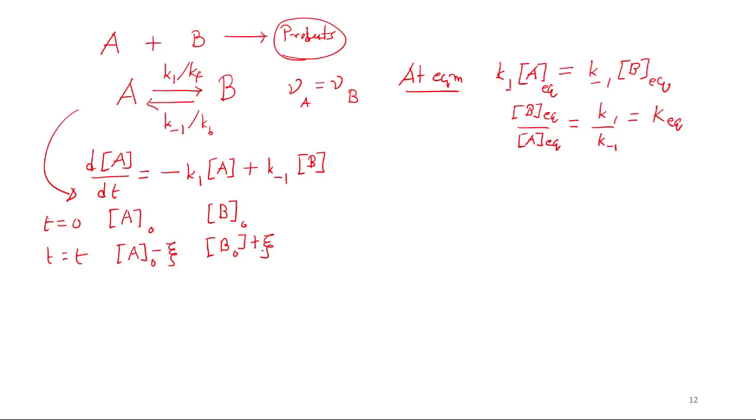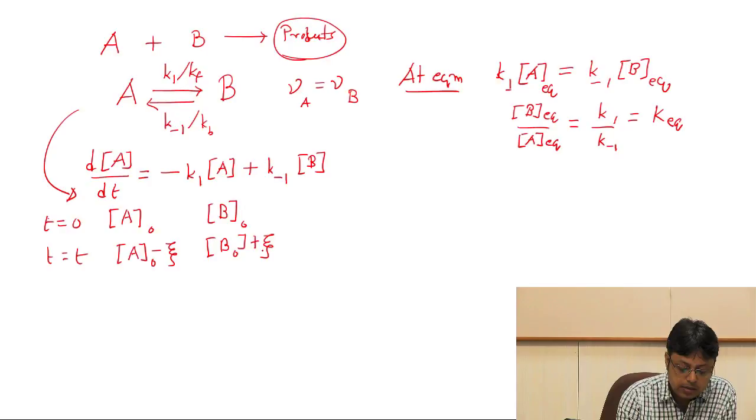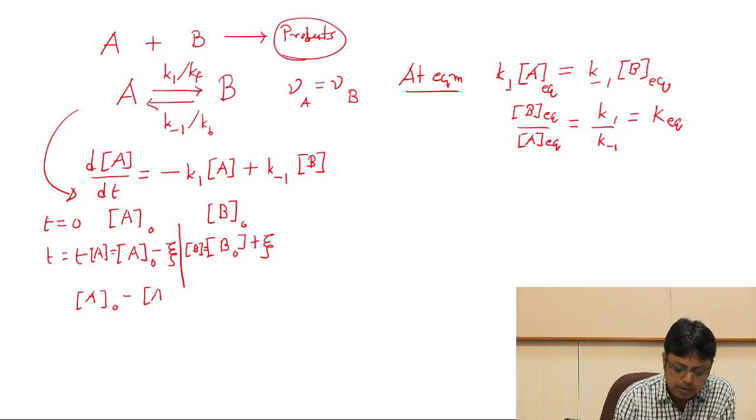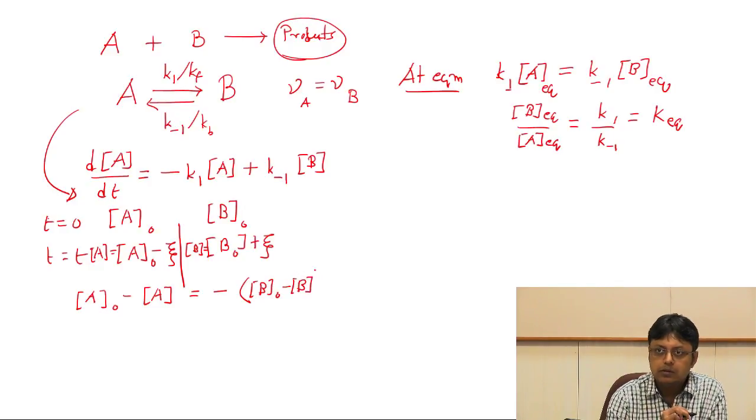So now you can see, if I just eliminate the xi, this is nothing but A at any time, and this is nothing but B at any time. And so if we equate the expression for the xi with respect to A and with respect to B, we will find that at any point A0 minus A will be nothing but negative of B0 minus B. That will always follow because we just wrote it for any arbitrary time.